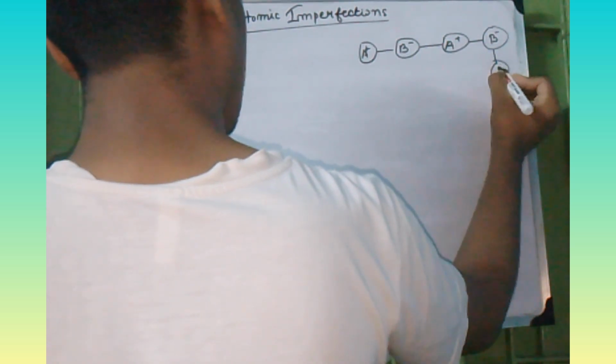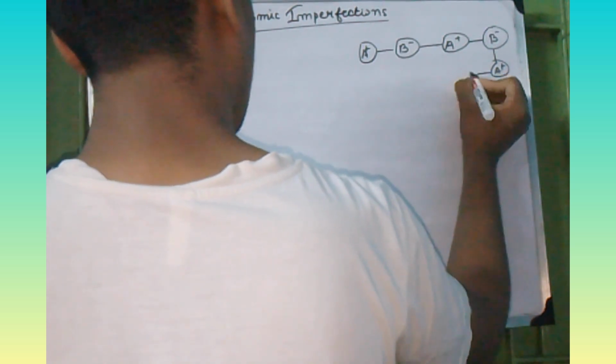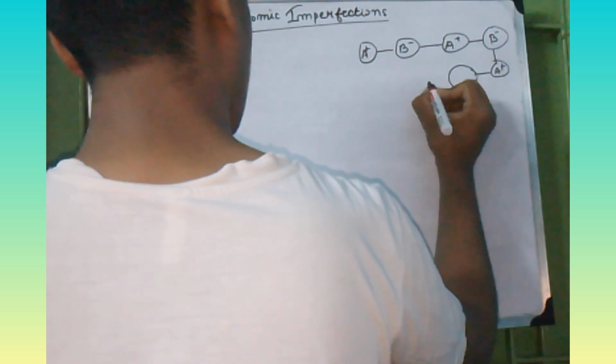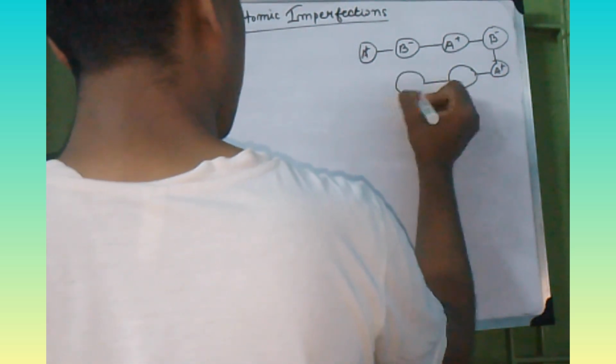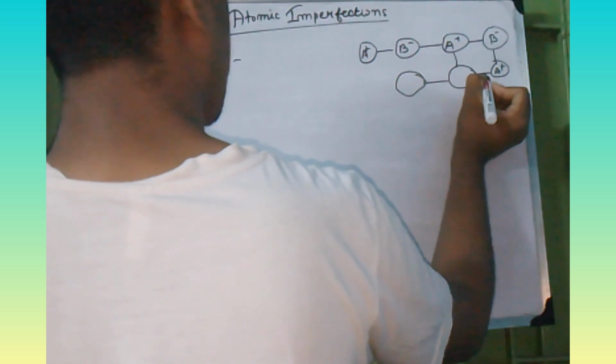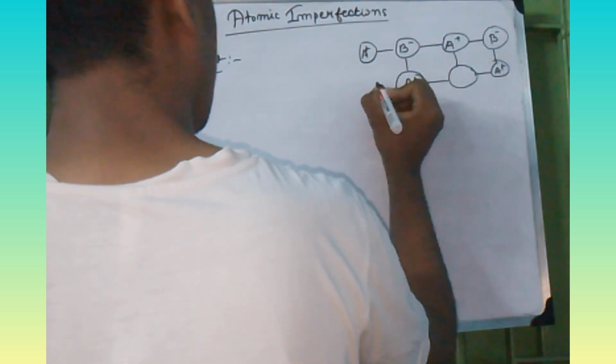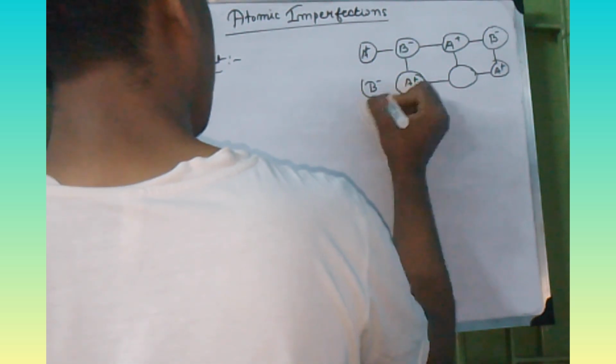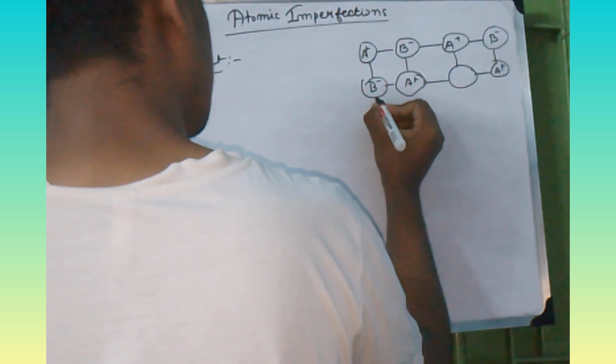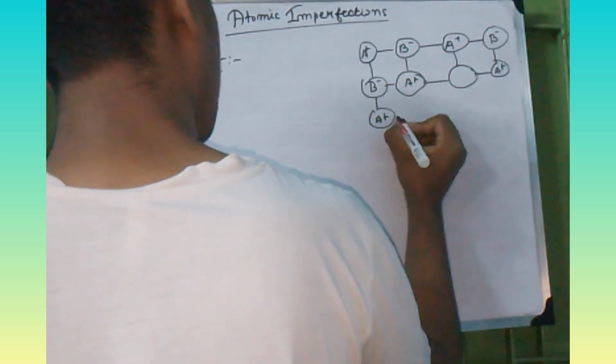First, we have to understand by drawing this diagram where A is the positive ion and B is the negative ion. Hope you have understood the diagram.